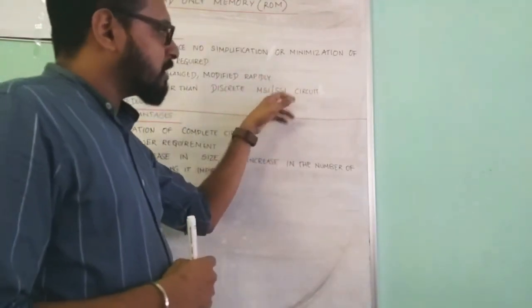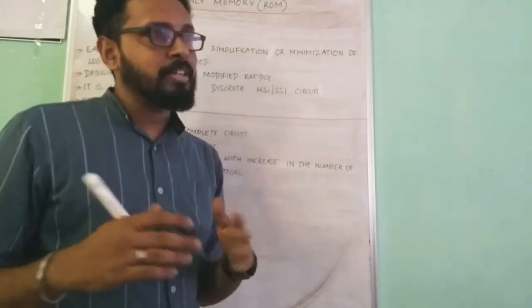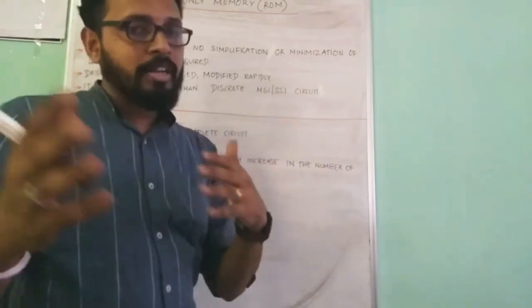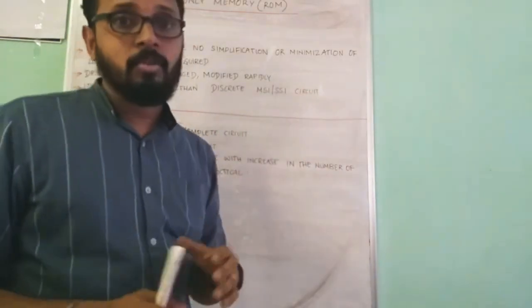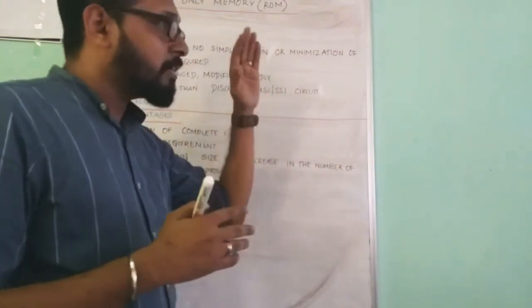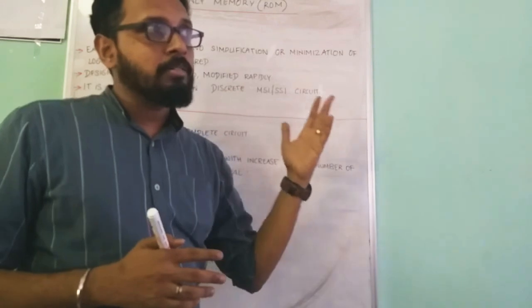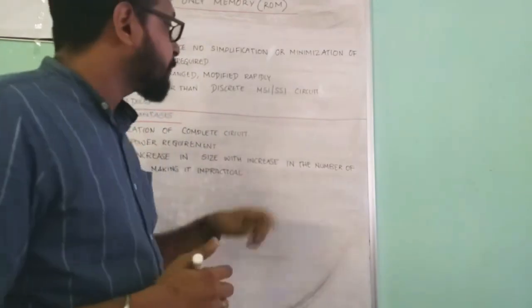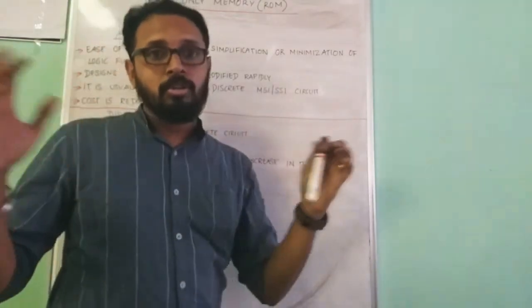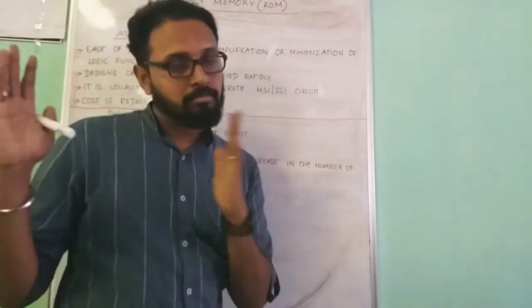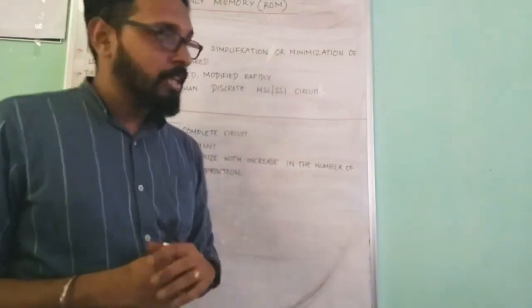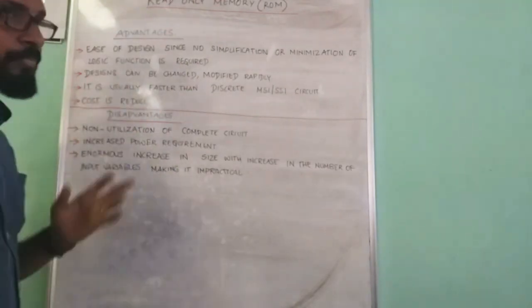In SSI we use about 1 to 10 transistors, and about 10 logic gates. In medium scale integration we use a range of 1 to 100 transistors. This is also a method of developing ICs. So ROM is faster than discrete MSI or SSI circuits, and the cost is also low.